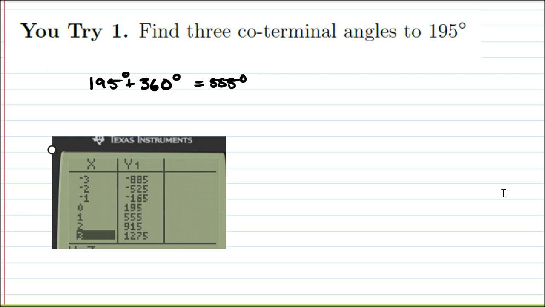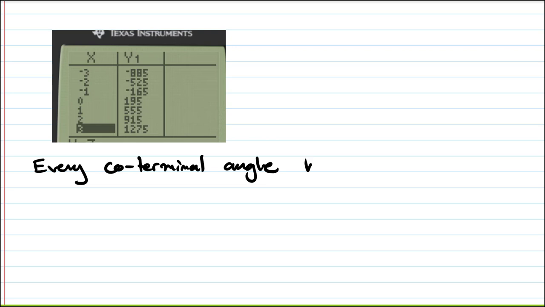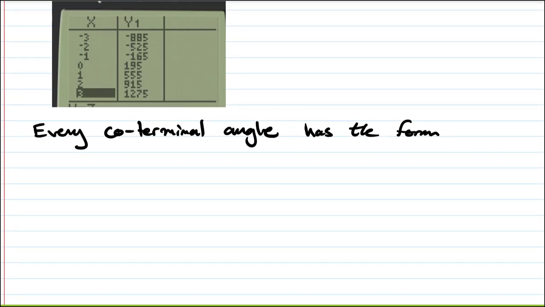So it's worth noting that every coterminal angle has the form, as we saw when we made the table, 195 degrees plus 360 degrees times n for every integer n.